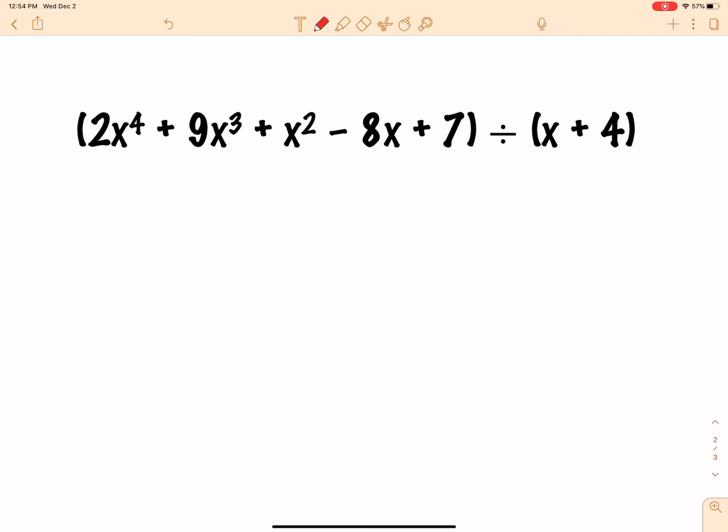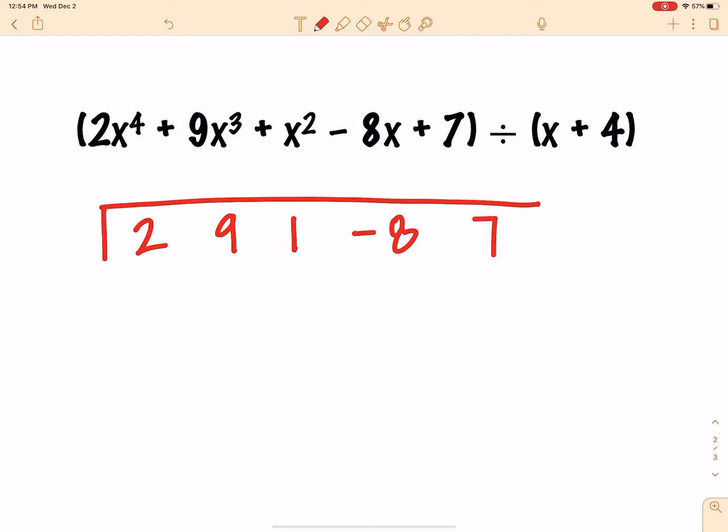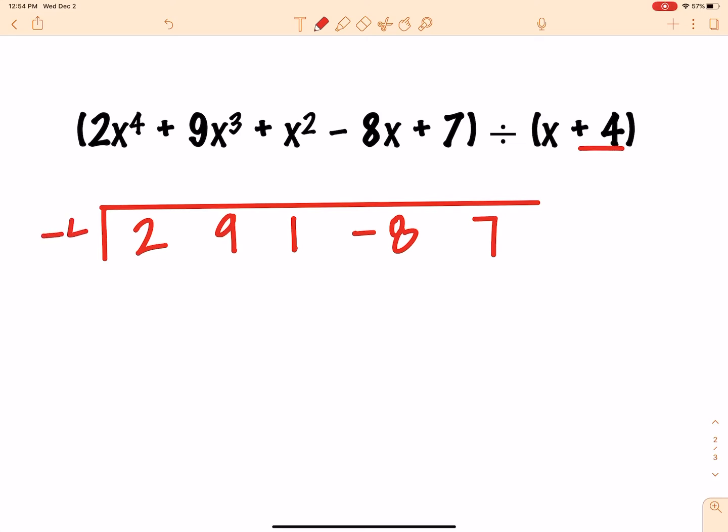All right. So now let's drop down all the coefficients, 2, 9, 1, -8, and 7. We bring the opposite sign of the divisor to the left-hand side. And then you start off by dropping the 2. Again, you multiply anything on the bottom times the outside number, -4.